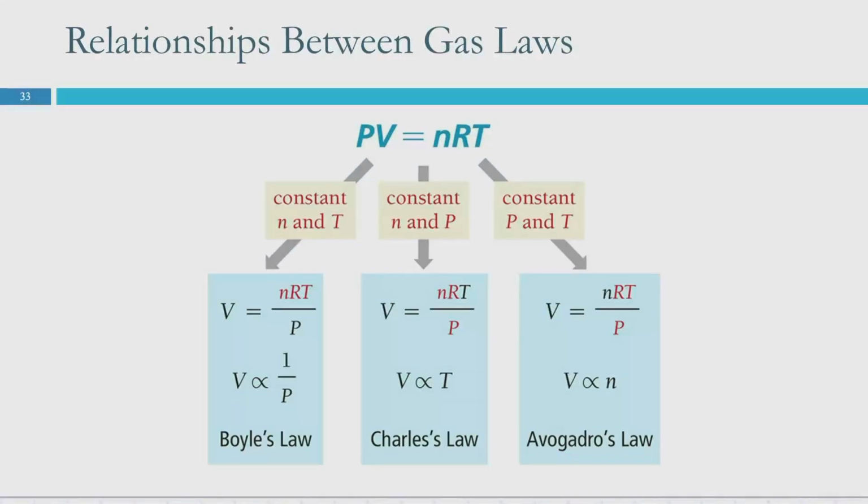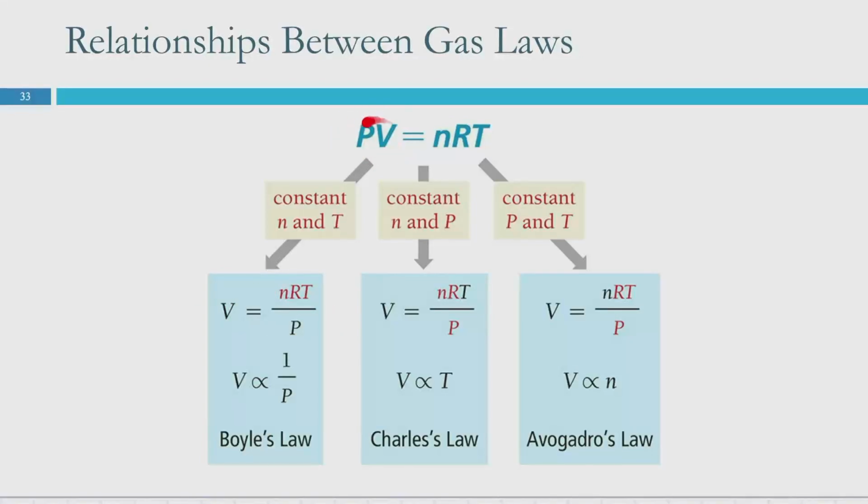You may remember that I talked about this fish-shaped sign, this fish or alpha-looking symbol that means is proportional to. And I said that proportional to means equals with a constant in there. And we can see that if we take PV equals nRT, and we have constant number of moles, constant temperature, so the things that would change are P and V, we get an inverse relationship between pressure and volume.